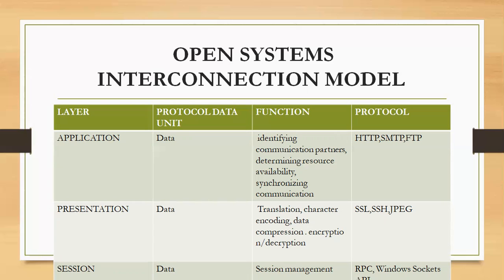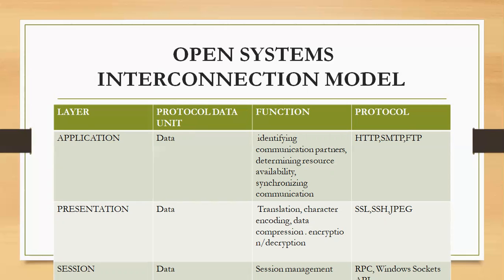What are the functions of the application layer? The basic function of the application layer is to serve as a platform to enable end users to interact with applications and use certain functions in applications. For example, HTTP, Hypertext Transfer Protocol, you want to browse; that is the protocol of the internet.